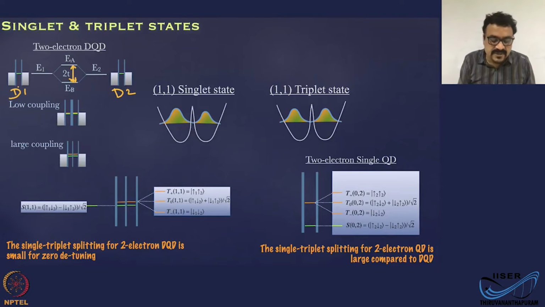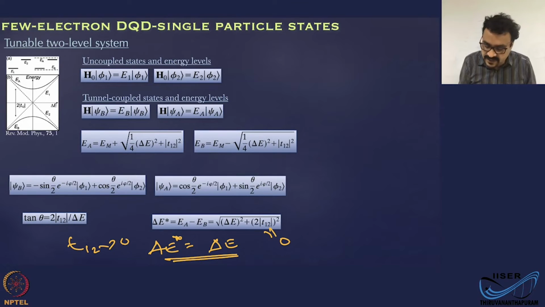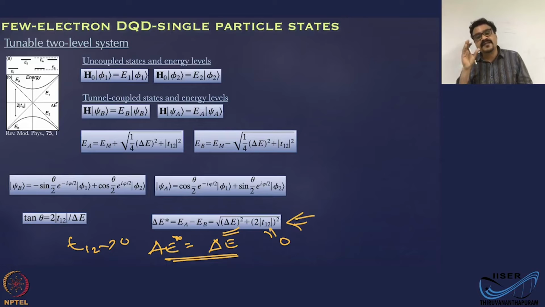The separation between EA and EB is a function of tunnel coupling, and you can see that from here. This says delta E is the original spacing, which is 0 in our case because we have assumed E1 and E2 are the same, and 2T is the tunnel coupling. That is the only thing which is going to contribute to the energy difference between the resultant states.